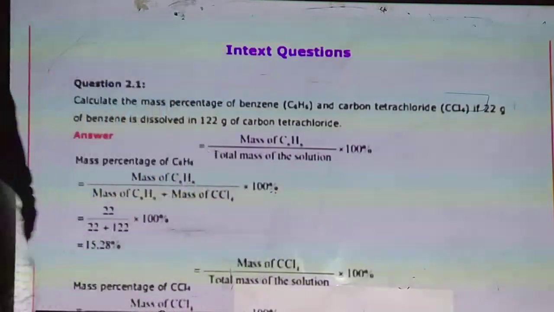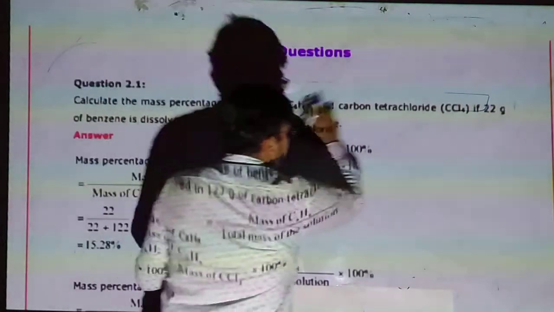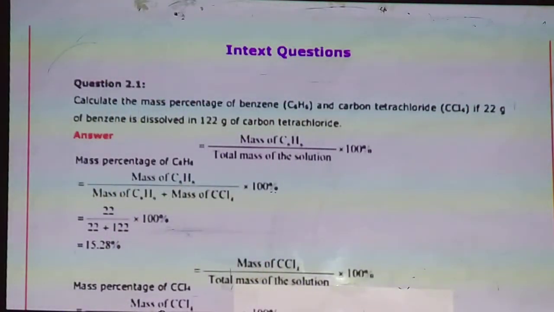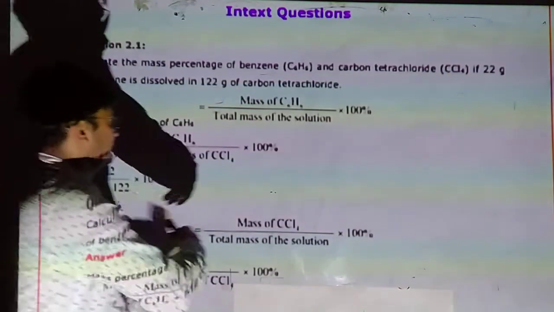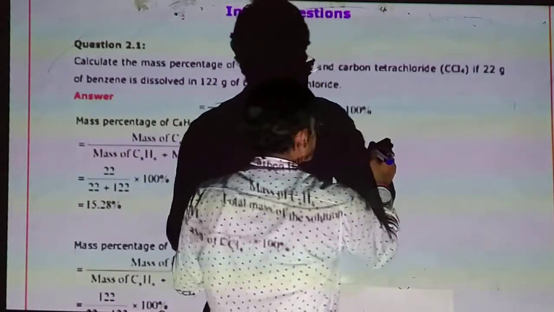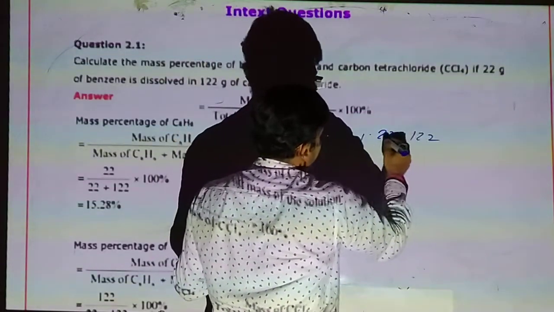In-text question. Calculate the mass percent of benzene and carbon tetrachloride in 22 gram of benzene dissolved in 122 gram of carbon tetrachloride. So, how can we define it? Mass of benzene upon mass of benzene plus mass of CCl4, multiplied by 100. Another way, total mass 22 plus 122.